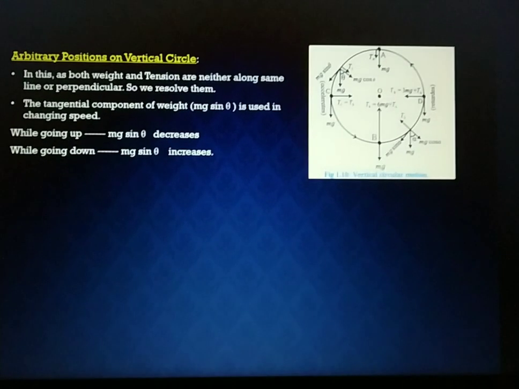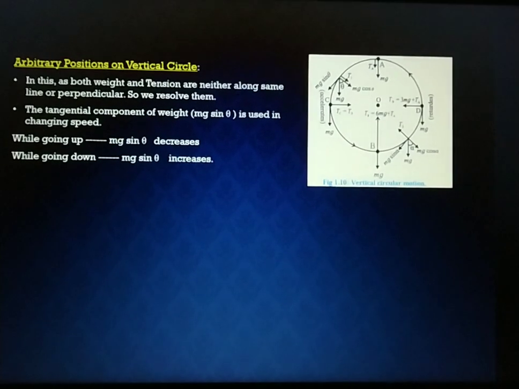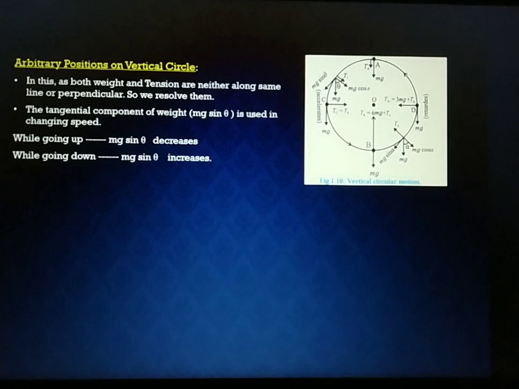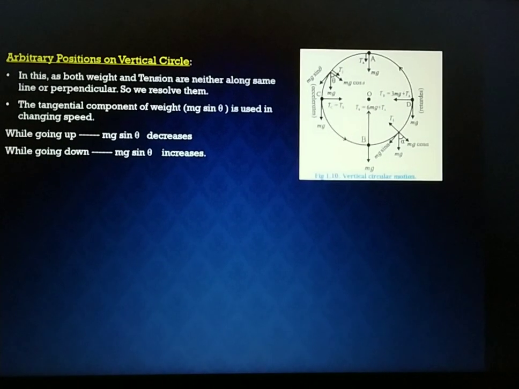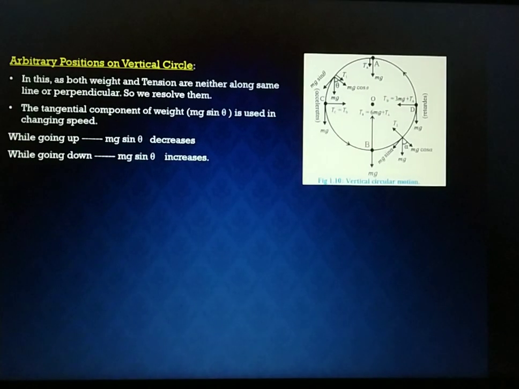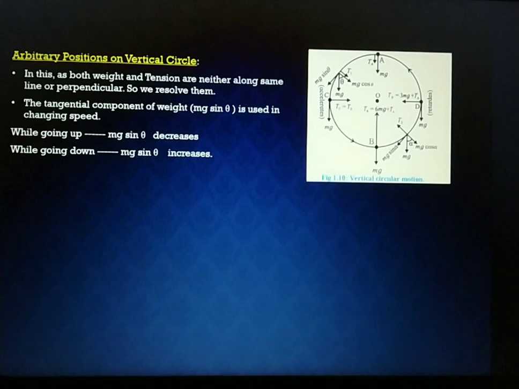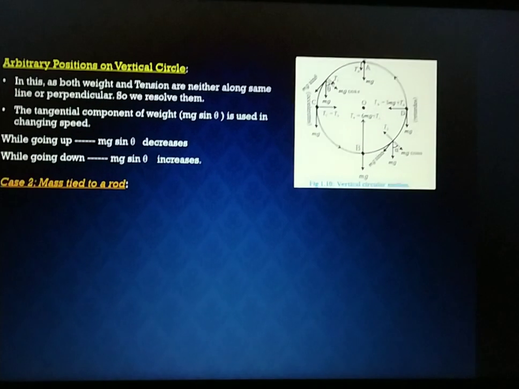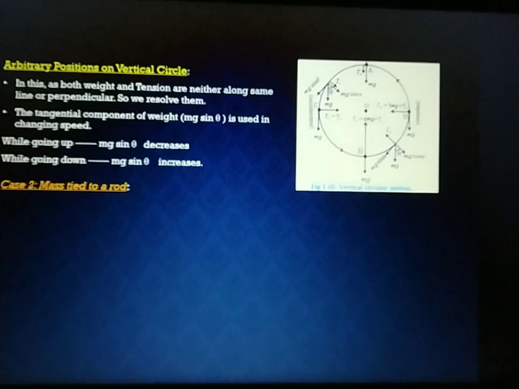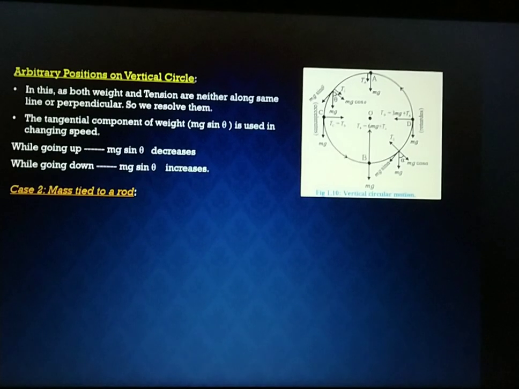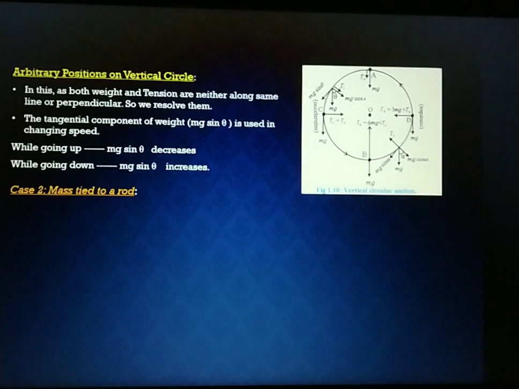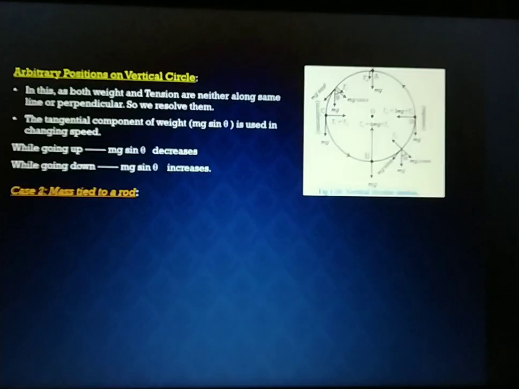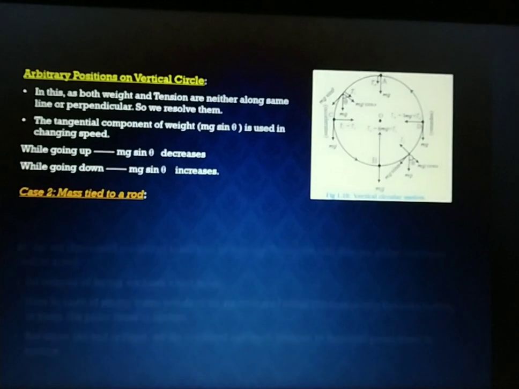While going in the upward direction mg sin theta will decrease, while going in the downward direction mg sin theta will increase. Because both are not in the same direction, we have to apply resolution of the vector and consider the vertical and horizontal components.